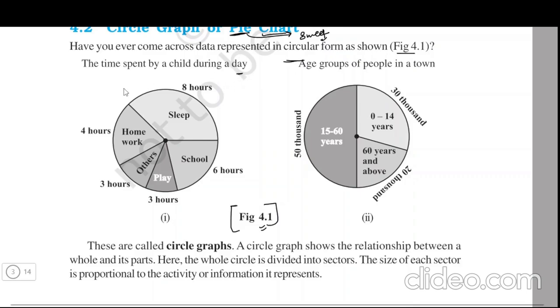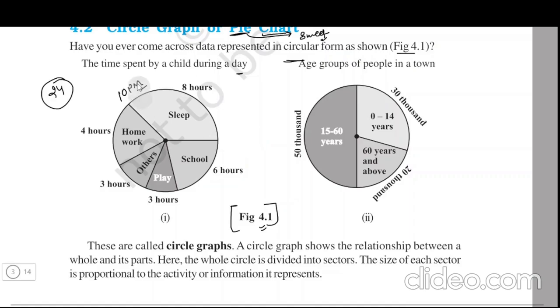In a day, how many hours are there? There are 24 hours. So for 8 hours, one goes to sleep. Suppose one sleeps at 10 p.m. and for 8 hours he sleeps, so he will wake up at 6 a.m. Maybe his school is from 10 a.m. Let's not go into the details because that will confuse you.